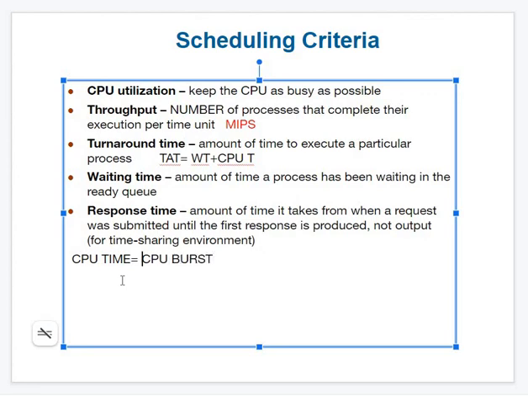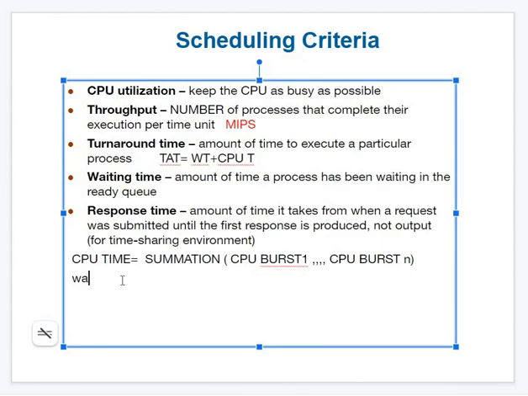Okay, so let me give the summation of all the CPU bursts, starting from 1 up to the last burst, n. That's the CPU time. So what about waiting time?